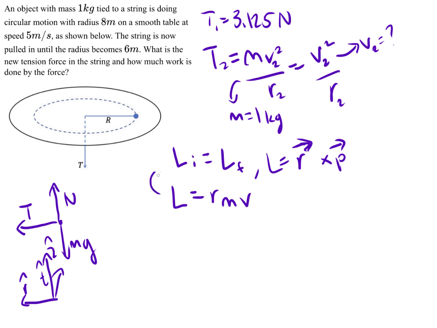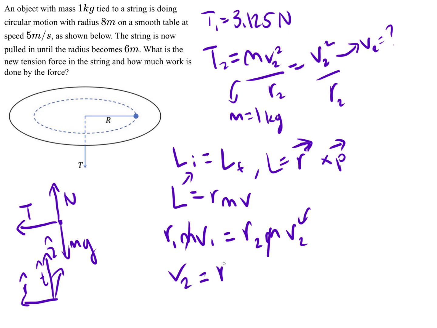So we can plug this back into the conservation of angular momentum to get that the initial radius times the mass times the initial velocity is equal to the final radius times the mass times the final velocity. The masses cancel, and solving for v2, the final velocity, we get that v2 is equal to the initial radius times the initial velocity divided by the final radius, which is all given in the problem.